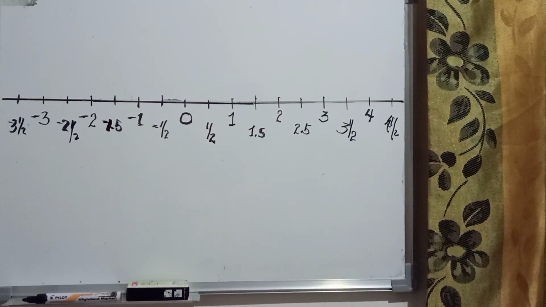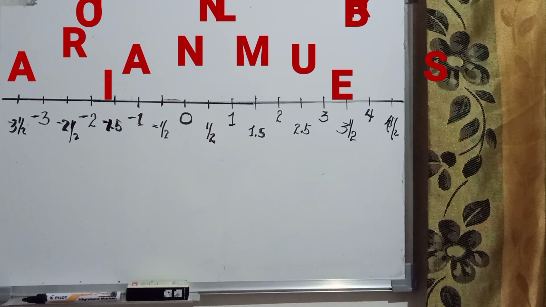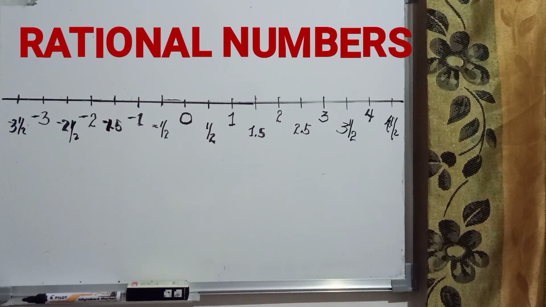You notice now that between 0 and 1 is your 1/2. That is a fraction. Between 1 and 2 is 1.5, your decimal number. Then between 2 and 3, 2.5, also a decimal number. Then between 3 and 4, 3 1/2, which is a mixed number.